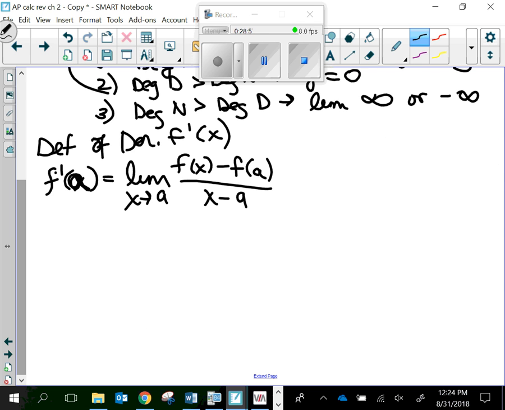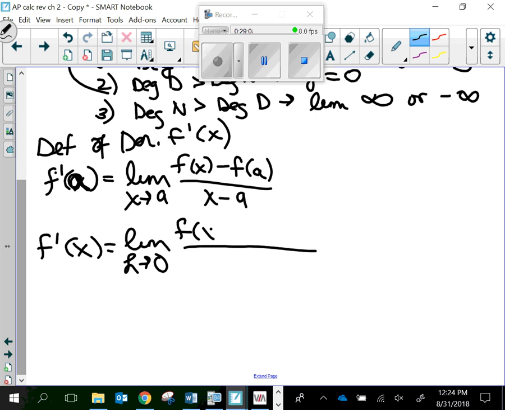Okay, very good. And the other one, when you don't know A, it's the limit as h approaches 0 of f of a plus h minus f of a, over h. Yeah, just h. Same difference. You can use A or X. It depends on whatever they're asking for, honestly.